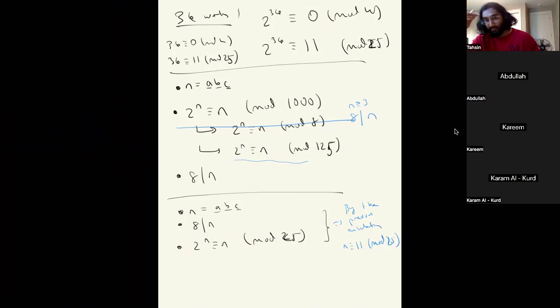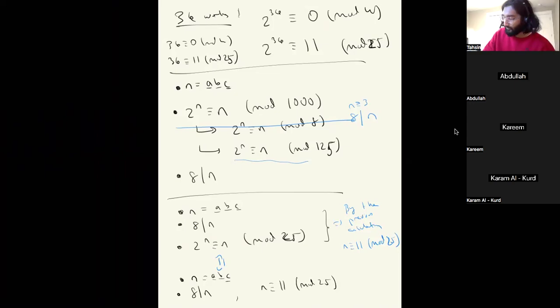There's nothing very subtle going on here. These last two conditions are equivalent to 8 divides n and n is 11 mod 25.